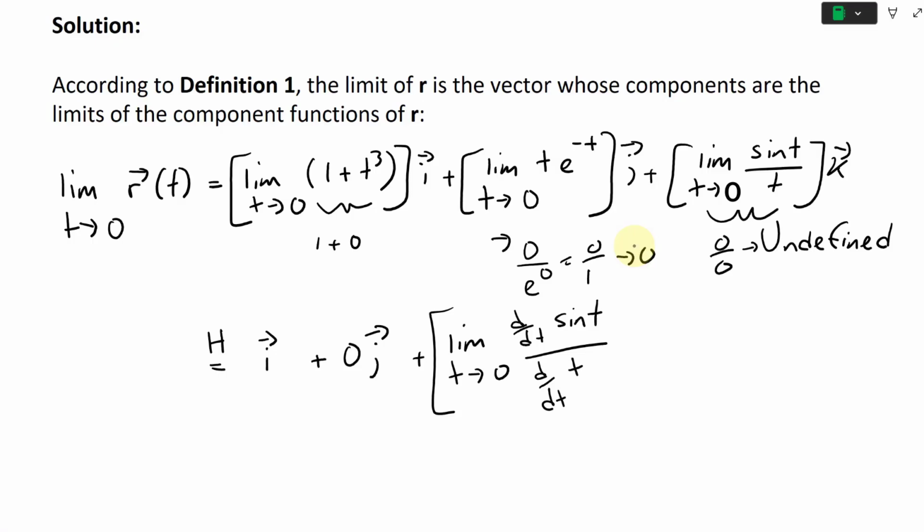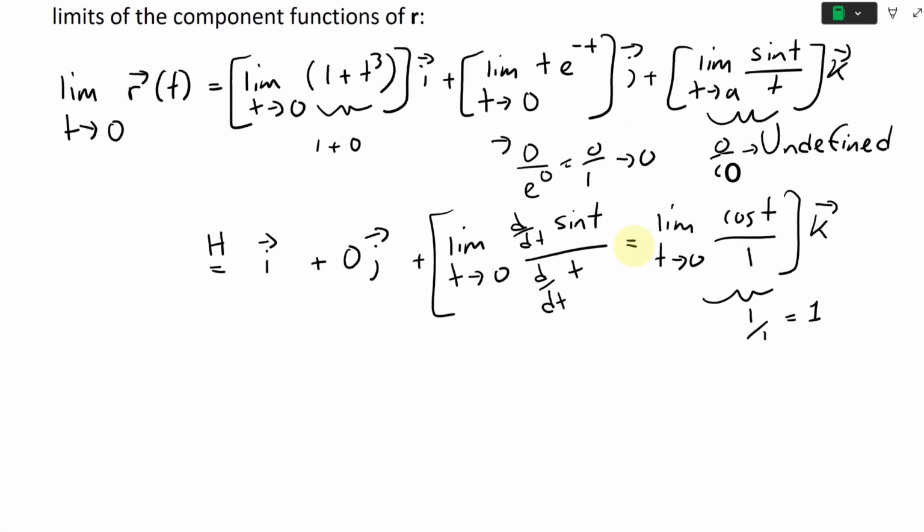And if we recall the sine rules, the derivative of sine is cosine. So the limit is cosine t, then the derivative of t is just 1. Plug in 0 for cosine, that equals 1. And this is k, and this becomes 1 over 1, so equals 1.